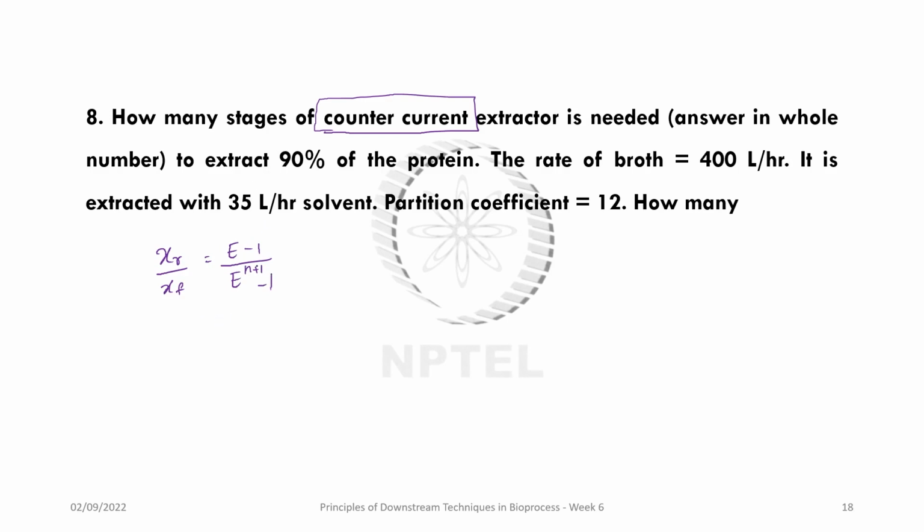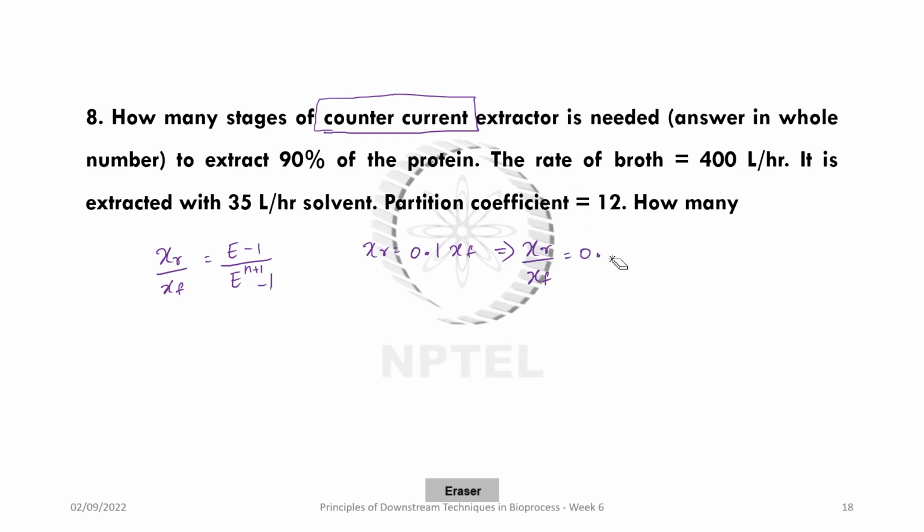How many stages n of counter current extractor is needed to extract 90% of the protein? So XR is equal to 0.1 of XF. In other words, XR by XF is equal to 0.1.